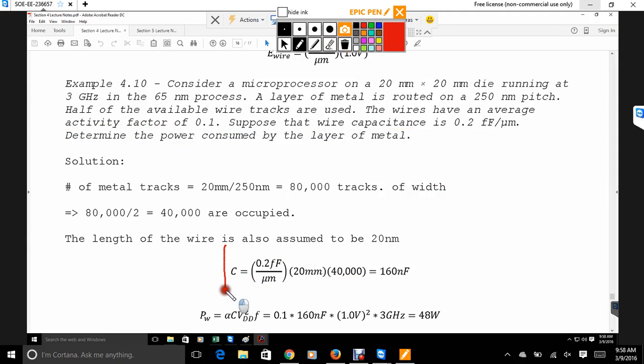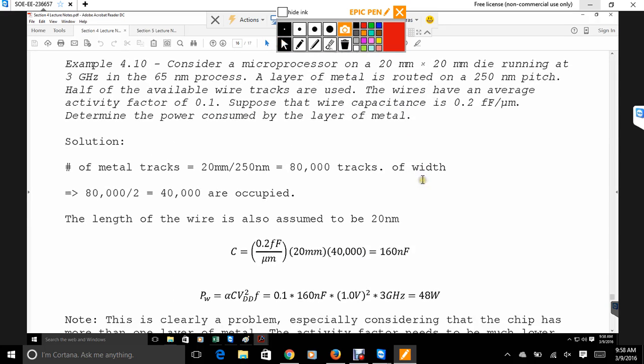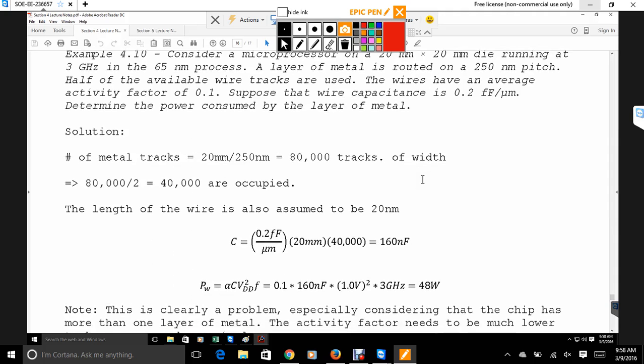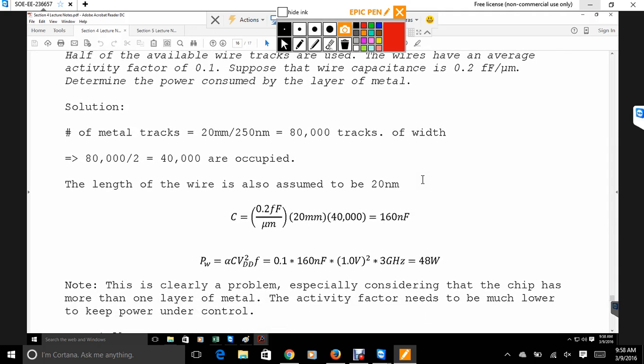So you multiply this all out and it becomes 160 nanofarads. Then, since we know our capacitance, our supply voltage, our frequency, and our switching factor, we can calculate the total power consumption of the circuit.